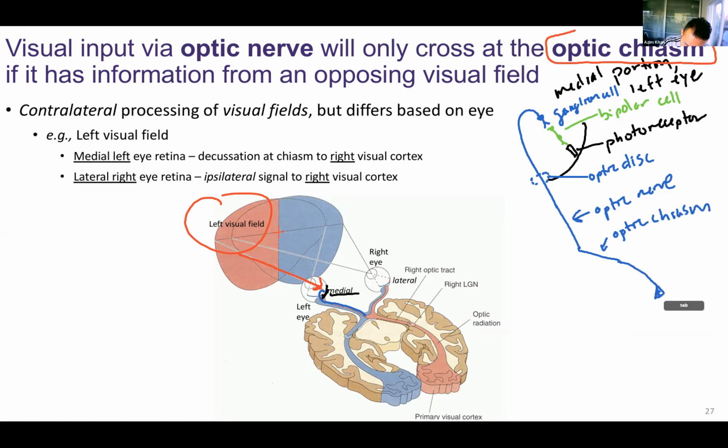We end here in the thalamus. And then from the thalamus, we go to the primary visual cortex.